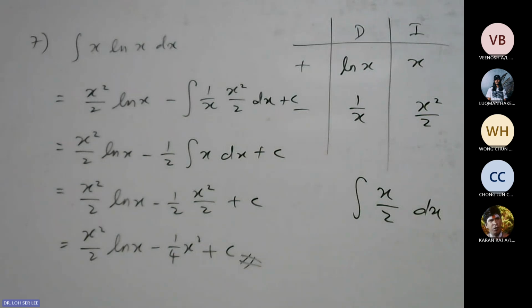Okay, so for the tabular method, where to stop for the special cases, you just look at the horizontal row. Are you able to solve this? Yes, then that means that is enough. If you want to work on one more row, sure, no problem. You will get the same answer.